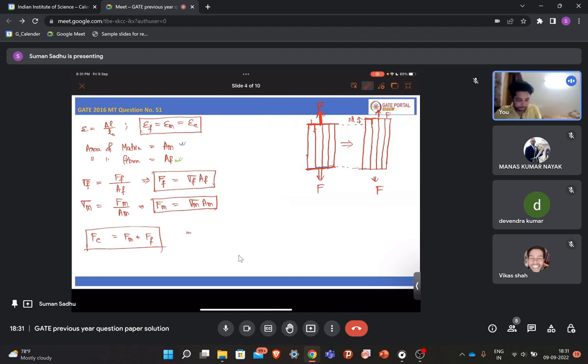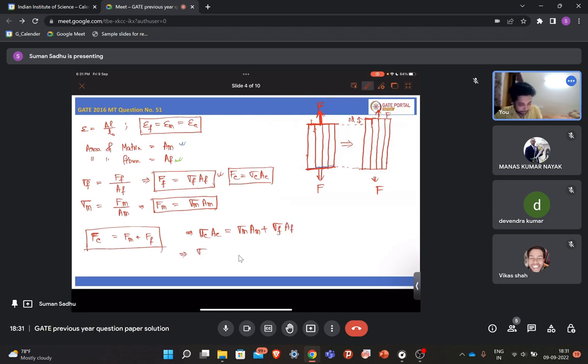Similarly, F of C is sigma C and A of C. So if we write this force in terms of sigma and area, it will be sigma C AC equal to sigma M AM plus sigma F AF.